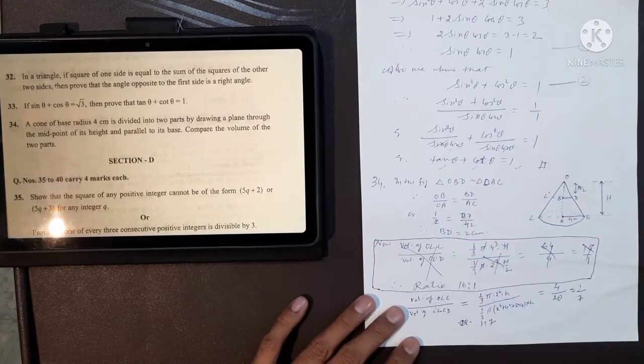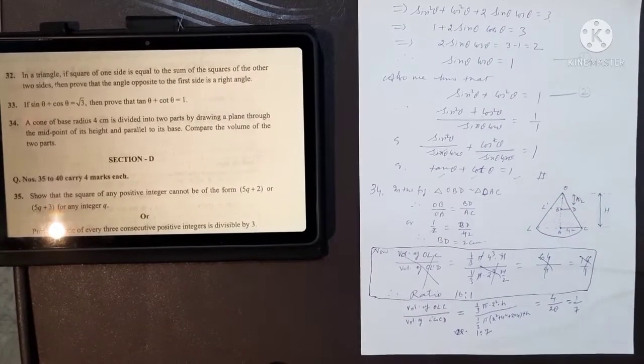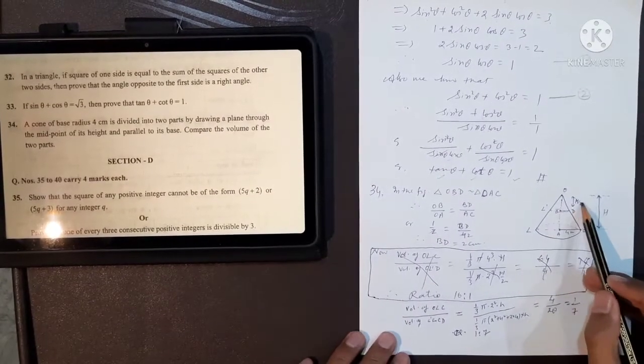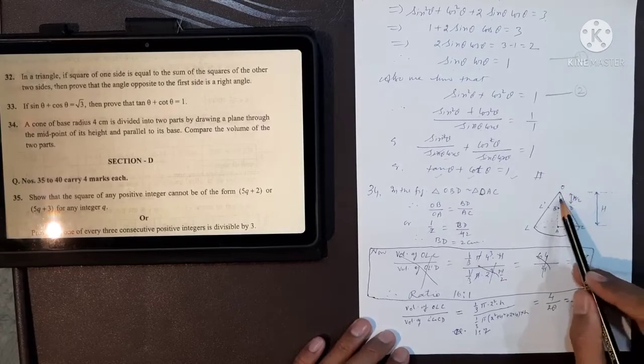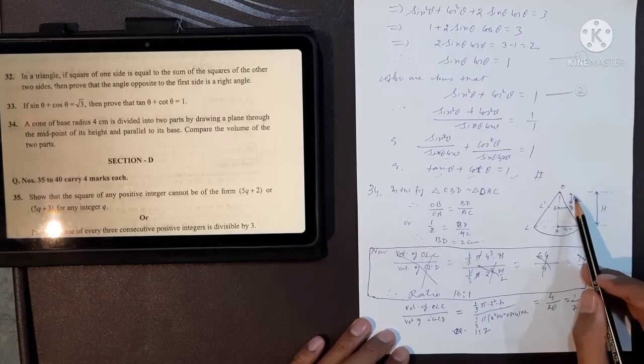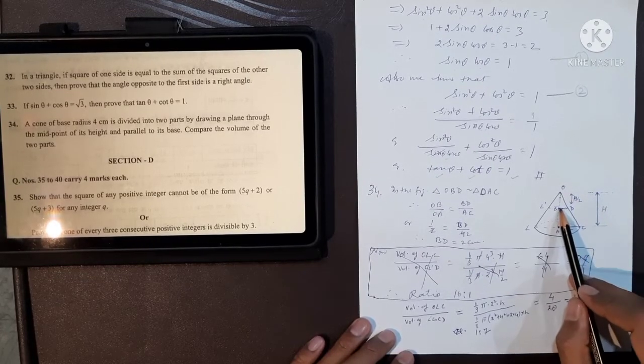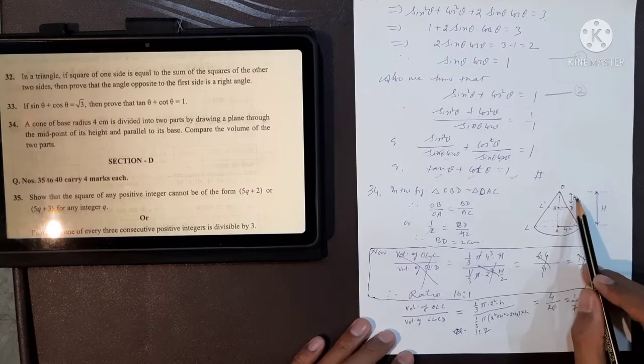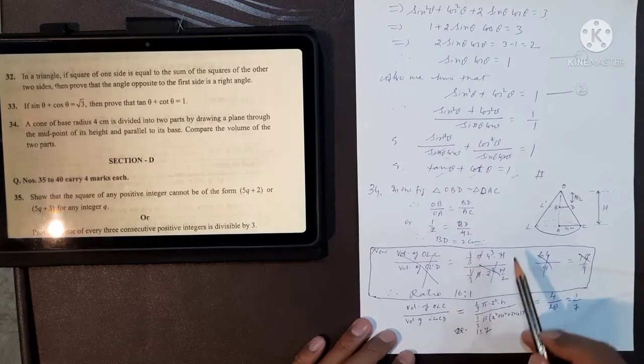We move on to question number 34. In this figure we have the midpoint of cone as h by 2, that is equal to 2 centimeter.